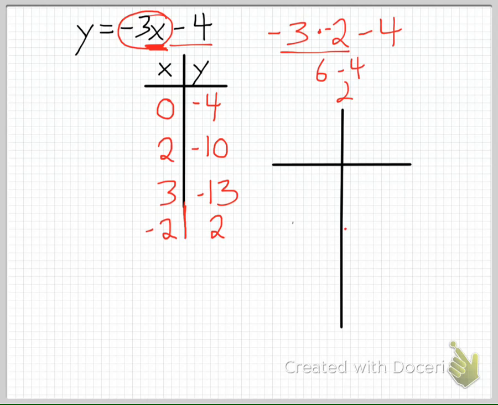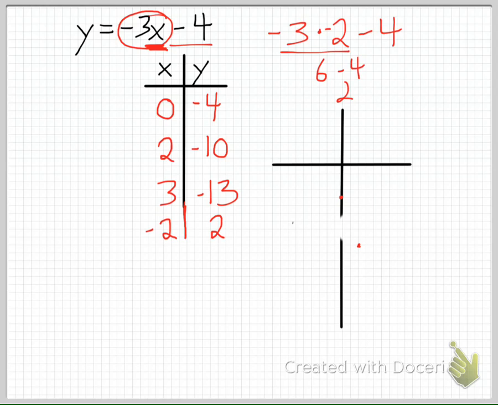All right, so here we have our graph. We need to graph 0, -4. So I'm going left to right none and down 4. Then I need to graph 2, -10. So I'm going to the right 2 and down 10. Let's see. 3, 4, 5, 6, 7, 8, 9, 10.